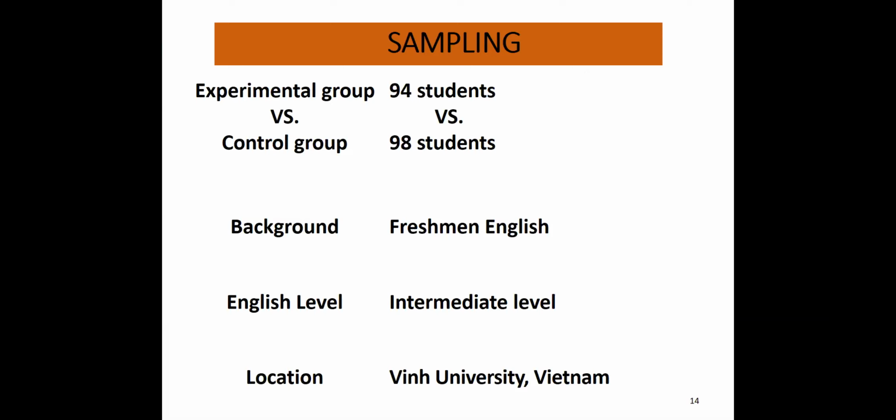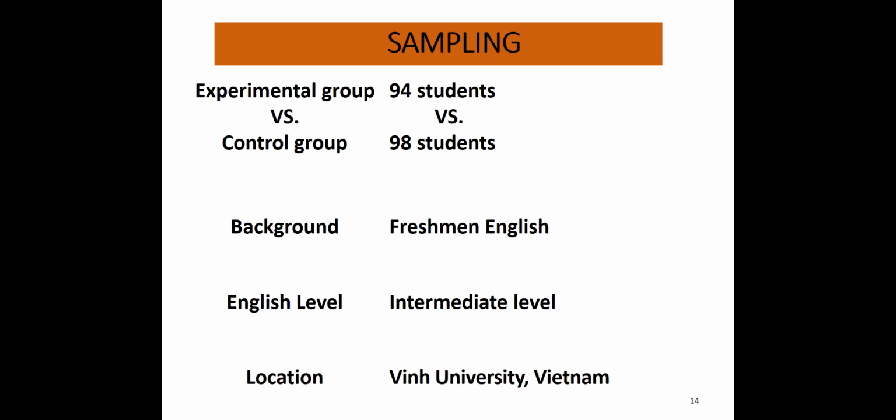Now to the methodology. First of all, I want to introduce the sampling, or the participants. I created two groups. The first one is the experimental group with 94 students, and the second one is a control group with 98 students.